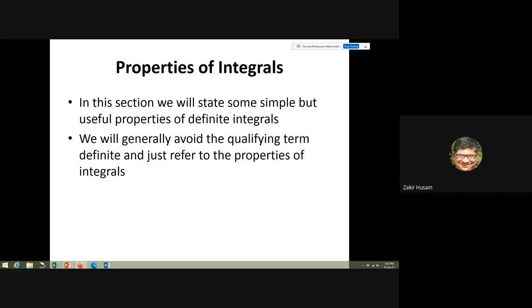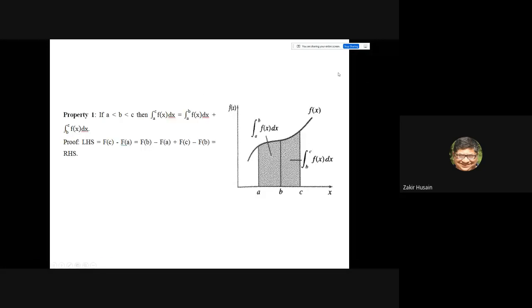So, when we are defining the properties, we are considering definite integrals, but we will just refer to them as integrals for short. The first property is that we have an interval from A to C, and we have divided this into two subintervals using a point B. So A to B comprises one interval and B to C is another.